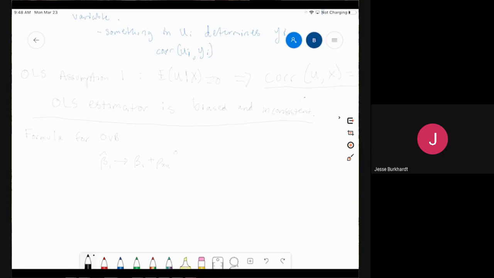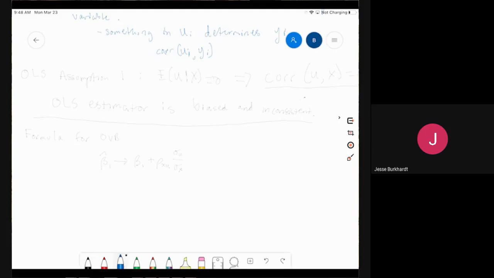And we also need the standard deviation of the error term over the standard deviation of x. So this says that when we have omitted variable bias, our estimate of beta hat 1 converges, when the sample size gets large, to beta 1 plus some additional thing.